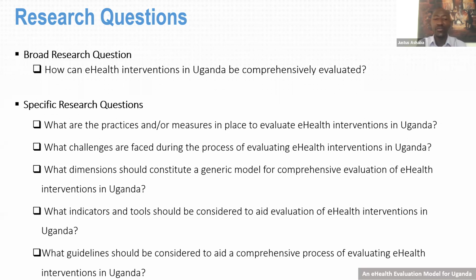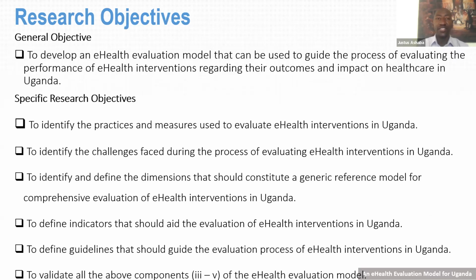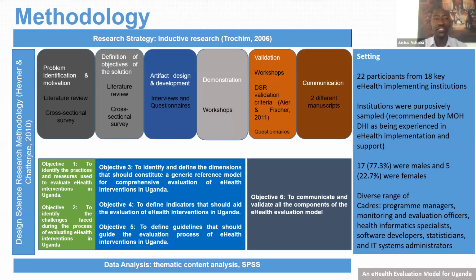And we also wanted to bring out clearly the guidelines that should be considered to aid the comprehensive evaluation of these interventions in Uganda. And with those questions, the objectives of the research were in line with the questions, so that we would get to answer them.